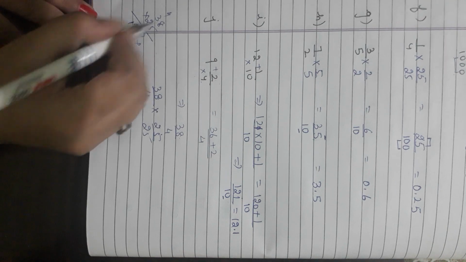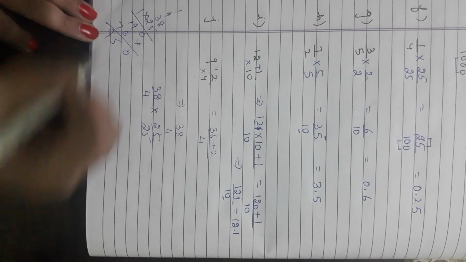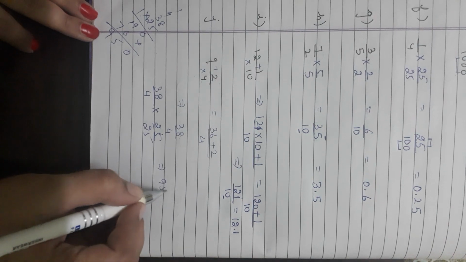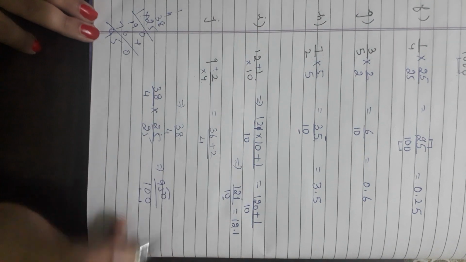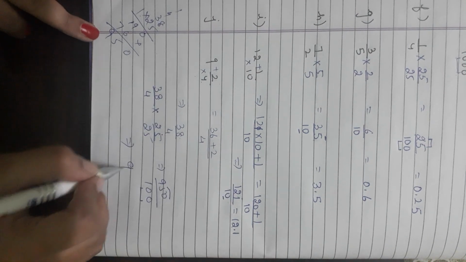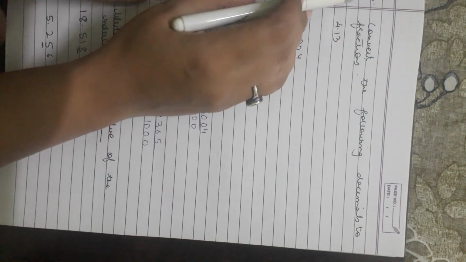It is 950 by 100. So 2 zeros and from here we will select two numbers. So it becomes 9.50.